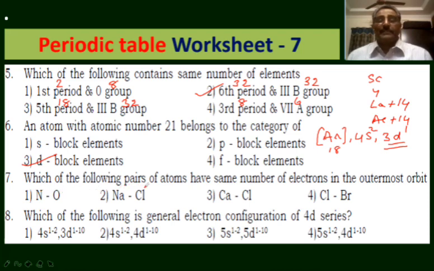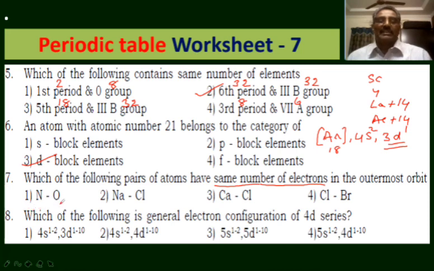Which of the following pairs of atoms have same number of electrons in the outermost orbit? Which elements have same number of electrons in the outermost orbits? The elements which belong to the same group of the periodic table have same number of electrons in the outermost orbit. Which pair of these elements belong to the same group?